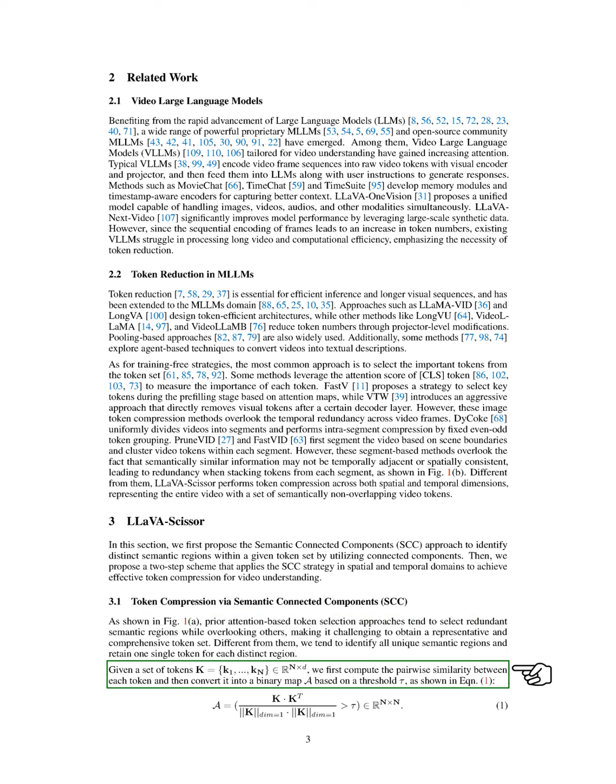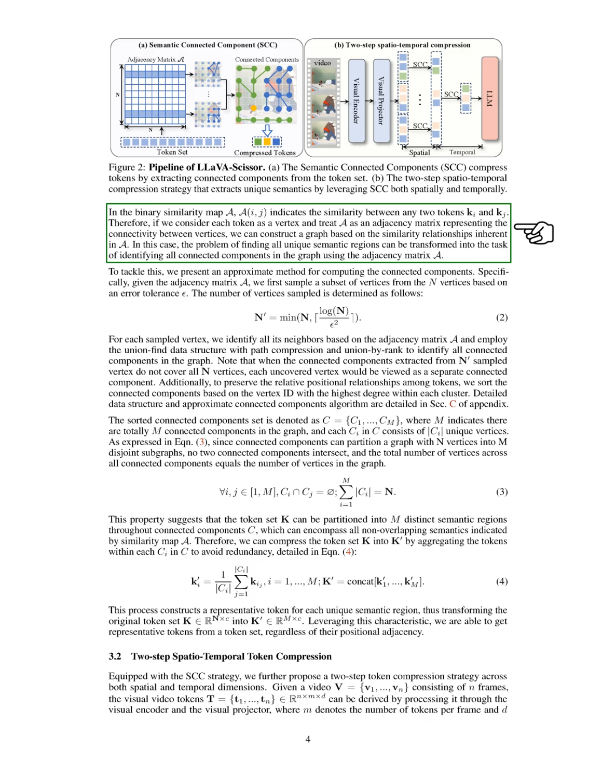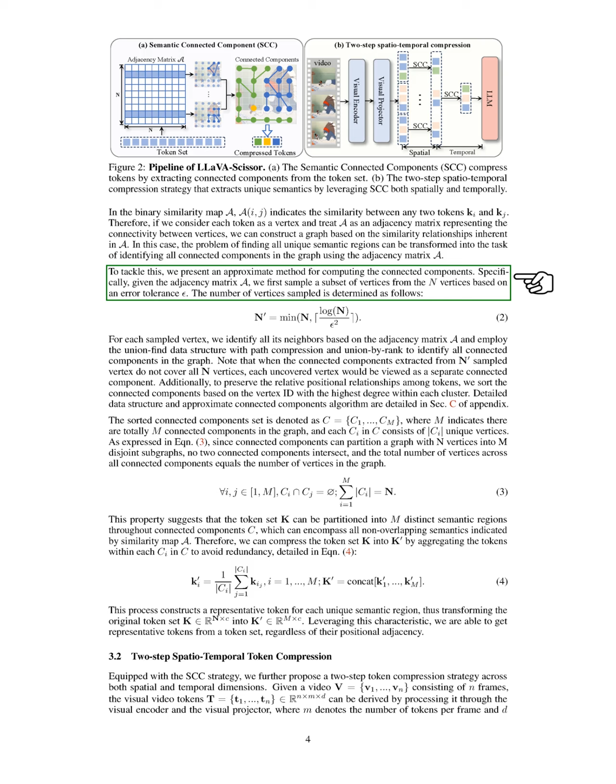We start with a set of tokens and calculate the similarity between each pair, creating a binary map that shows which tokens are similar based on a set threshold. This binary map acts like a graph where each token is a vertex, and we can find unique semantic regions by identifying connected components in this graph. To do this, we use an approximate method. We sample a subset of vertices from the total based on an error tolerance.